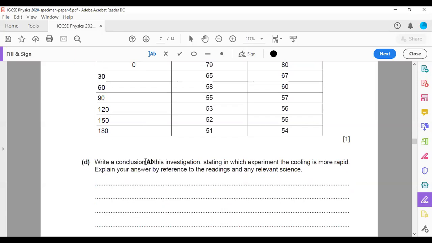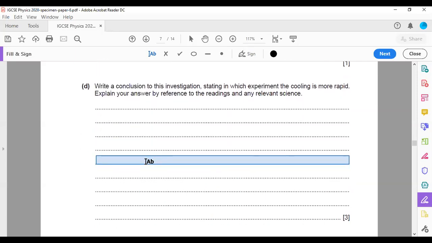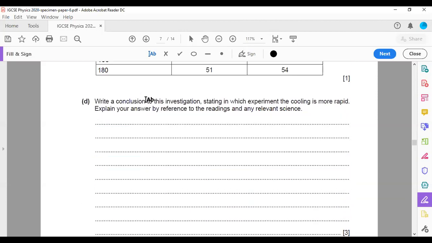Write a conclusion. They said, write a conclusion to this investigation stating in which experiment the cooling is more rapid. Explain your answer by reference to the readings and any relevant science. Good.